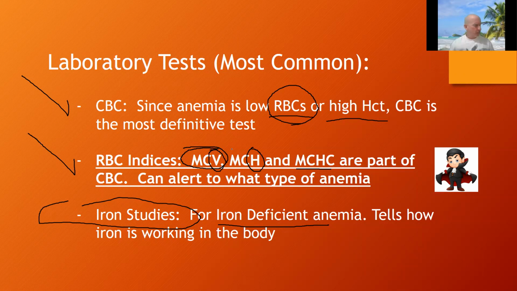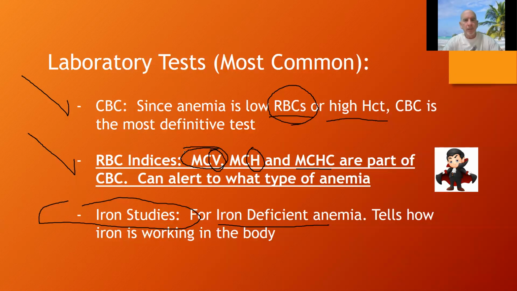If you look in your ATI book, there is a chart, figure number 35.2, and it lets you know which tests tell you which anemia is what.